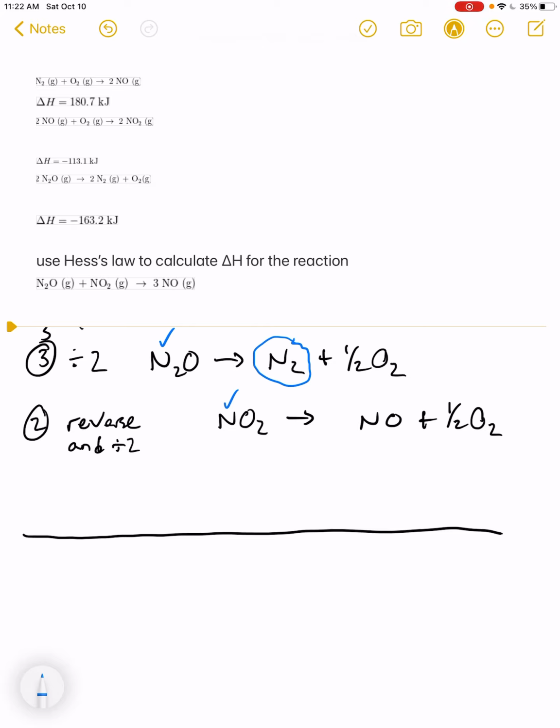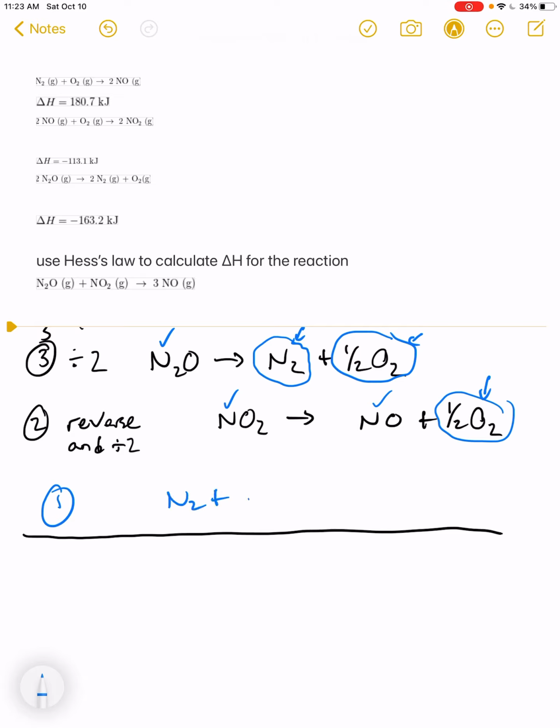I have an NO, which I do want on the product side, and I have some O2s that I do not want on the product side. So what we would like is to perhaps be able to cancel these three. If we look up at our other reaction, reaction 1, it has an N2 and O2 on the reactant side. So let's start with that.